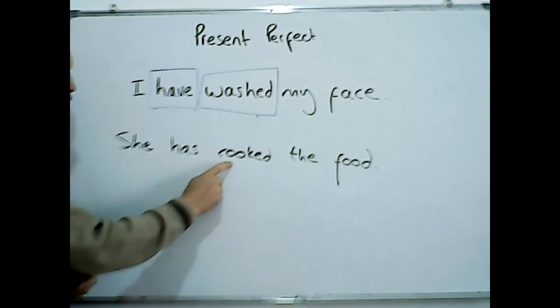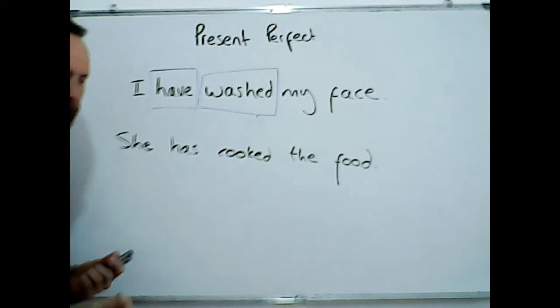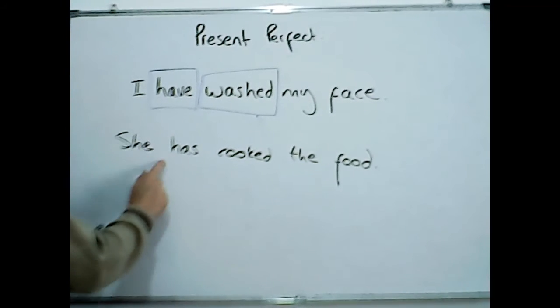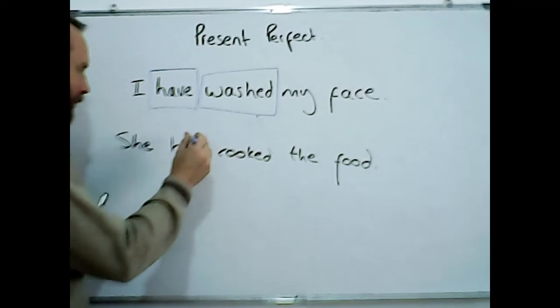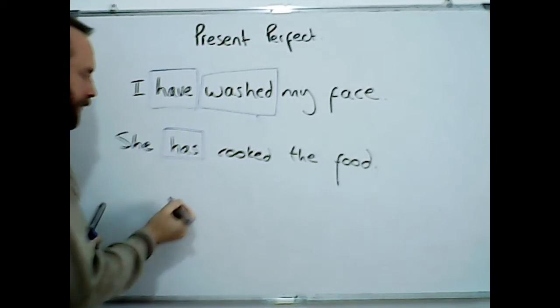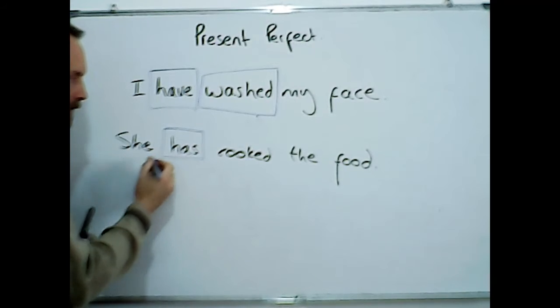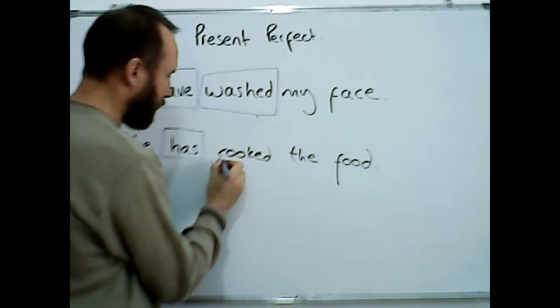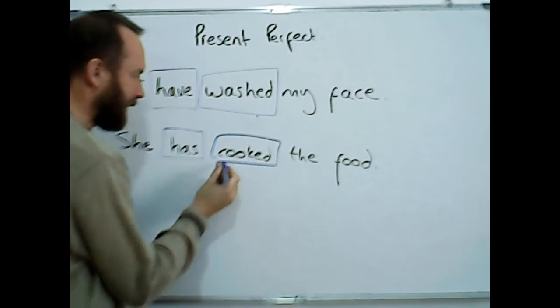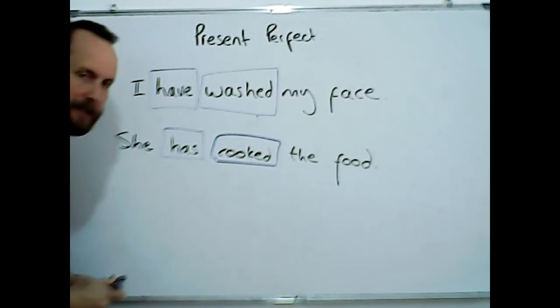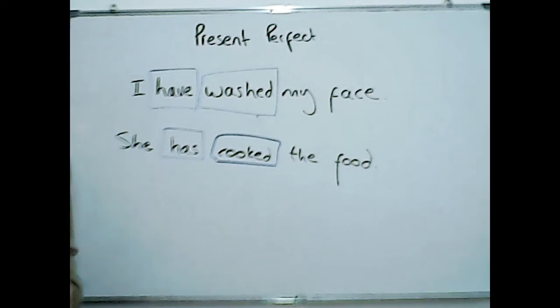She has cooked the food. And again, it's the same things. We have the subject here, then we have the auxiliary or the helping verb. In this case, because it's she has. And again, here we've got cooked. This is a regular verb, so it's cook with just the ed form on the end of it. Okay?